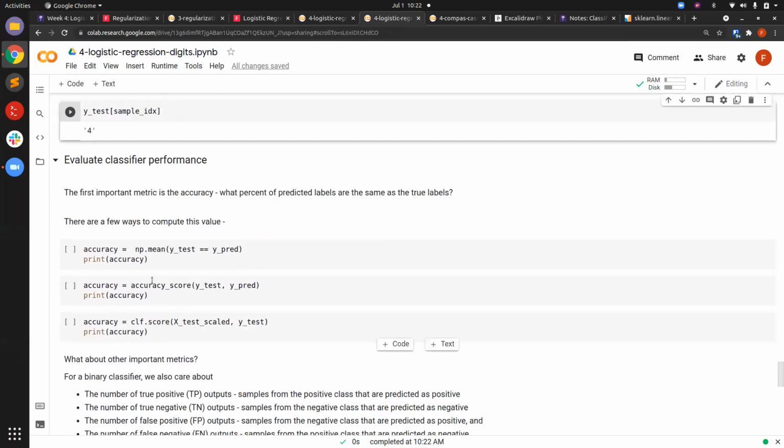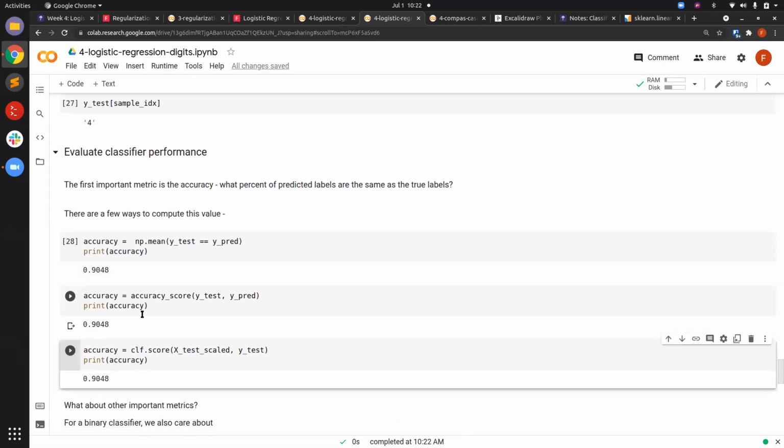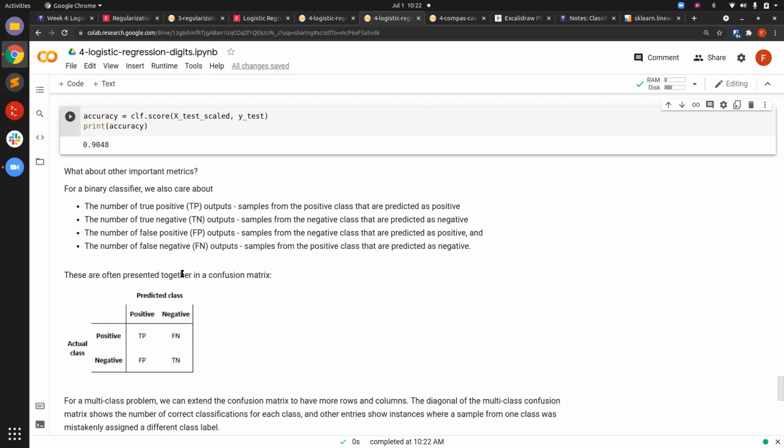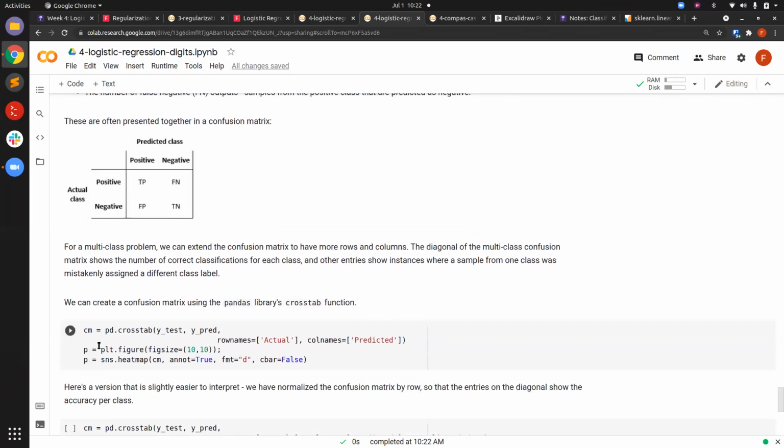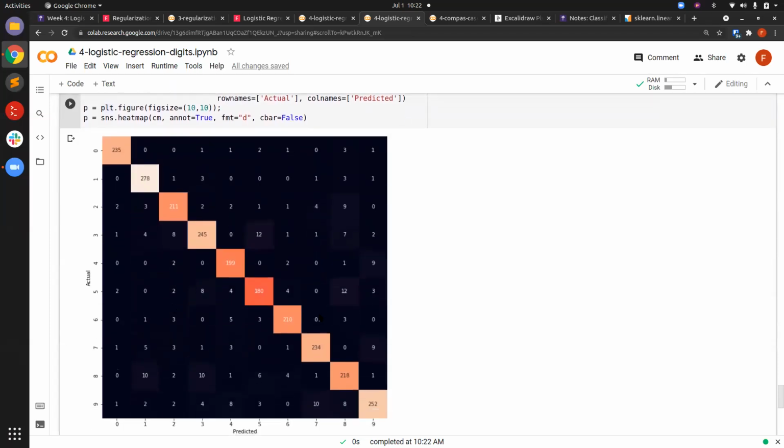Now, just as with our previous example, we can compute an accuracy. And we can also look at the true positives, true negatives, or true positives and false positives in each class. It's conventional to represent this as a confusion matrix. In this confusion matrix, we have the actual class value in the rows, and the predicted class values in the columns.